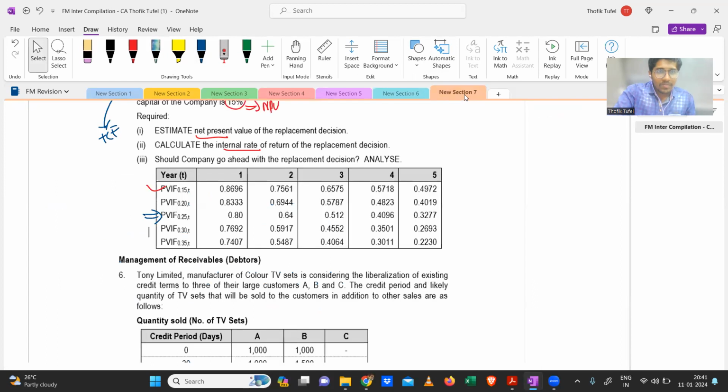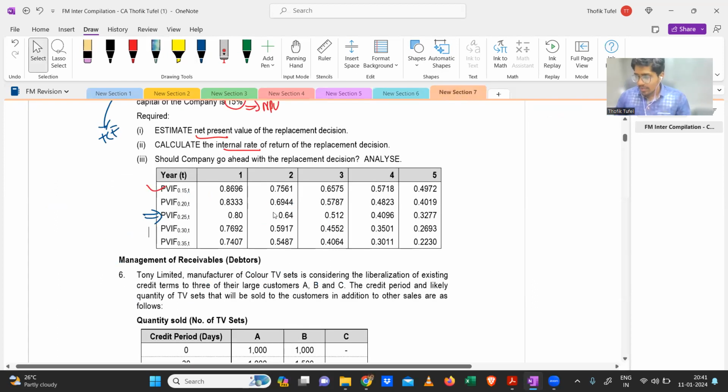1 to 5 is 25%. 0.8 plus 0.64 plus 0.512 plus 0.4096 plus 0.3277.